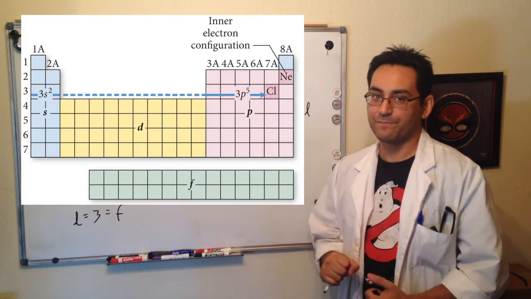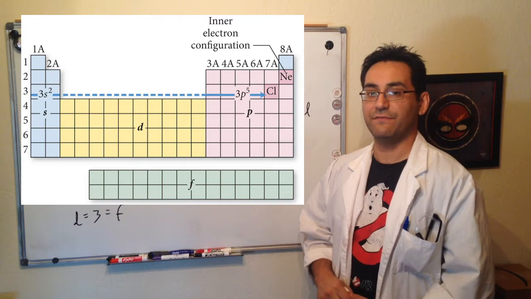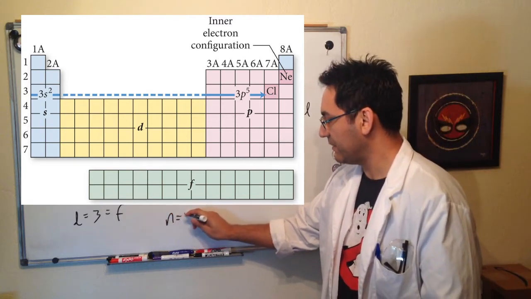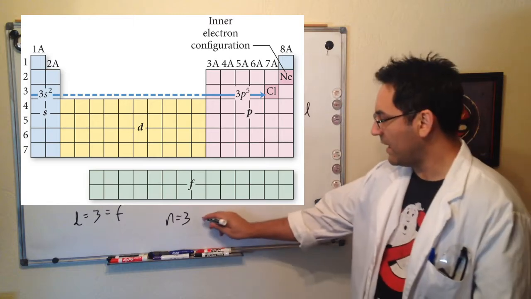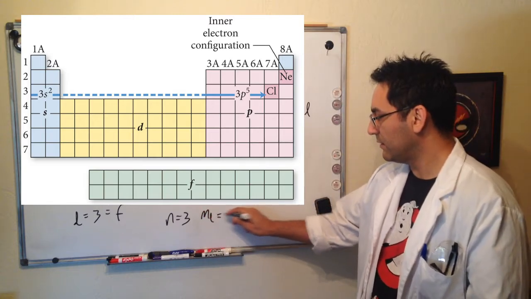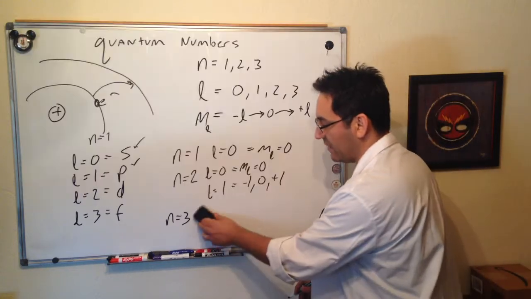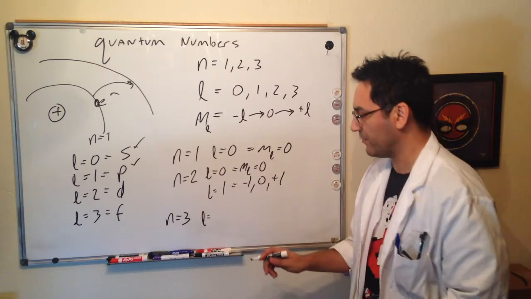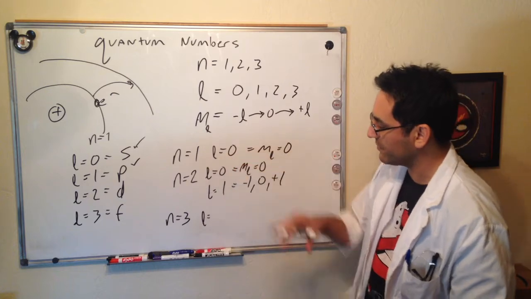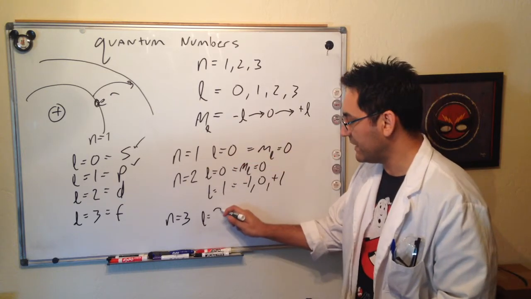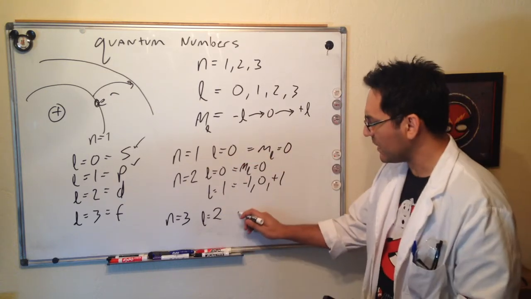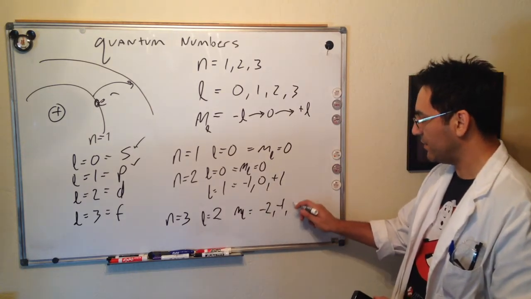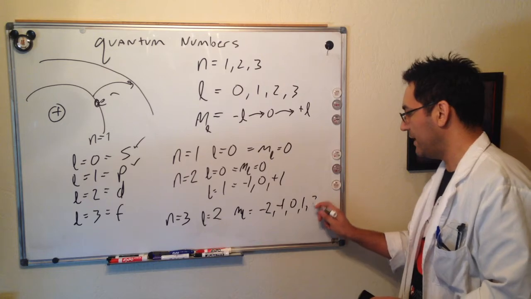Look at the d block. There's 10 electrons that fit in there. That corresponds to having an n equal to 3, and ml, sorry, let's say what L is first. L would be everything up to 3, which could include 0, it could include 1, but when it includes 2, then ml is -2, -1, 0, 1, and 2.